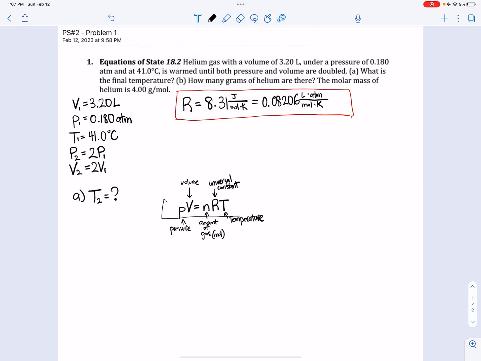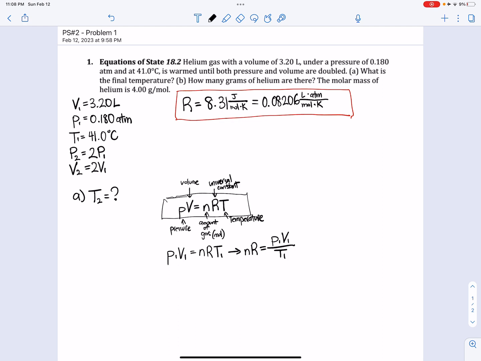So I've got the ideal gas law equation right here, and I have values for P1, V1, and T1. If I solve this for nR, I would get nR is equal to initial pressure times initial volume over initial temperature, right?